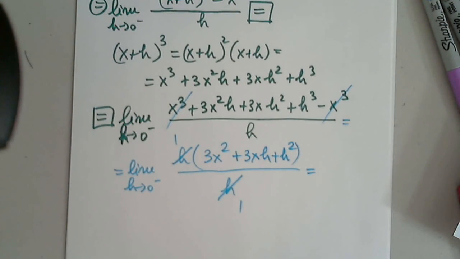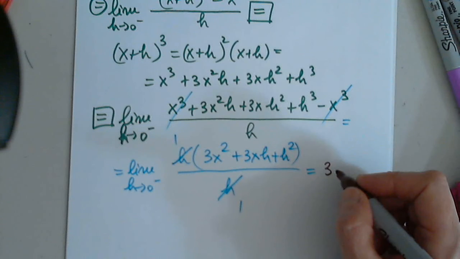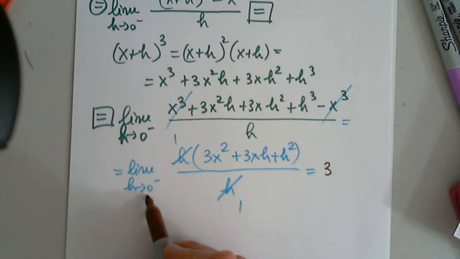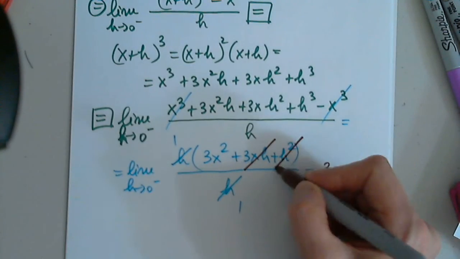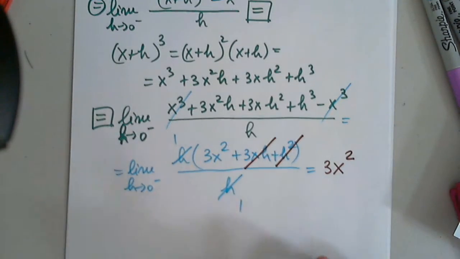Now the limit. This is the time we drop the limit operator, only once at the end. We have 3x squared plus 3xh plus h squared as h approaches 0. What is the answer? 3x squared. Very good.